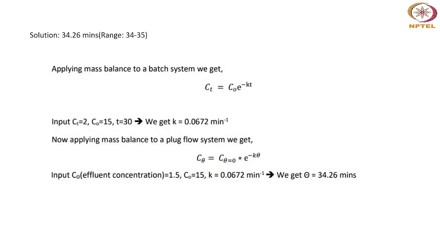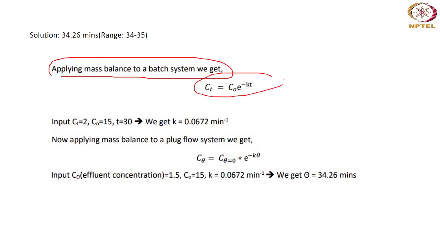Okay, so this is how we'll try to solve this. If we do the mass balance for the batch system, I get Ct equals C naught e to the power minus Kt. It is the same for every first order equation. This is dC by dt equals minus KC, and then you integrate and you will find this.